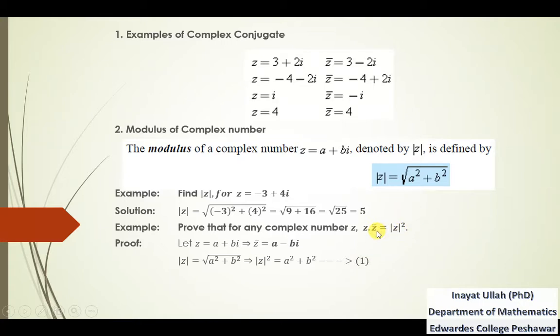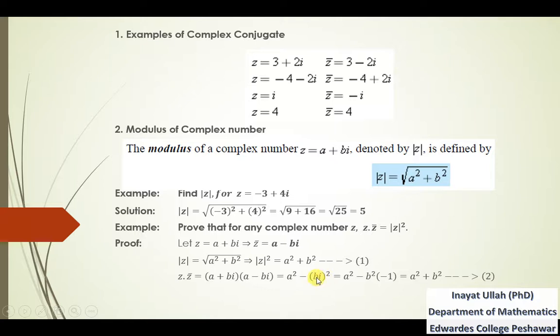And for left hand side, we need to multiply z with its conjugate. So multiplying z with its conjugate, that is z, a plus b iota, and that is z conjugate. Multiplying these two, a plus b into a minus b is a square minus b square. B is actually b iota, so b iota square.